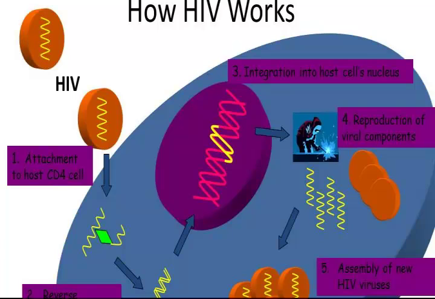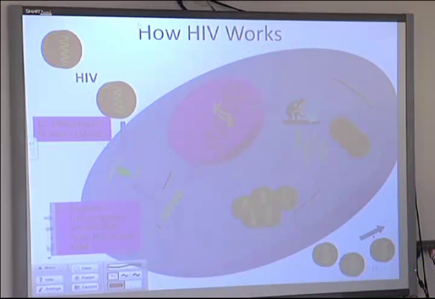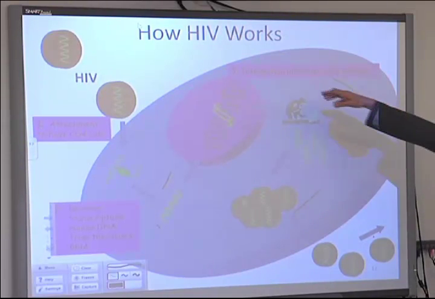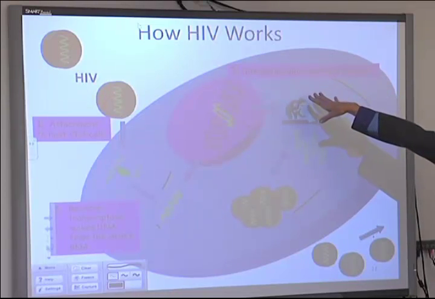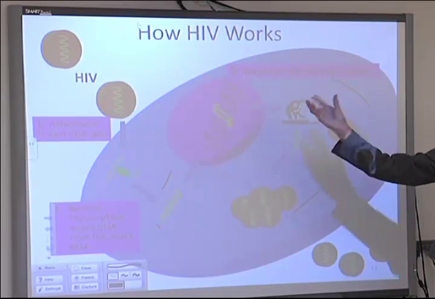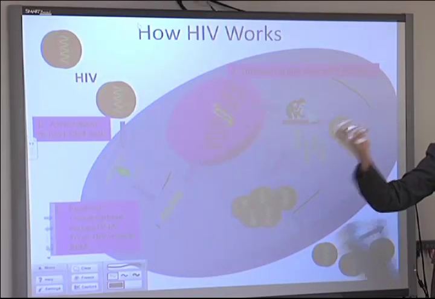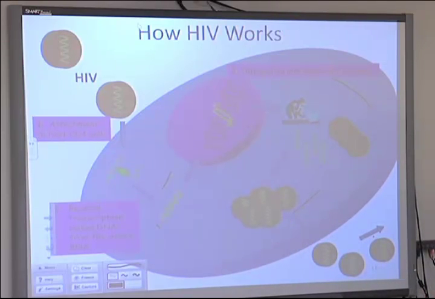So basically, it's kind of taking over. It's like hijacking the cell, in other words. And then it integrates into the host cell's nucleus. So the HIV basically becomes one with the healthy cell's nucleus.